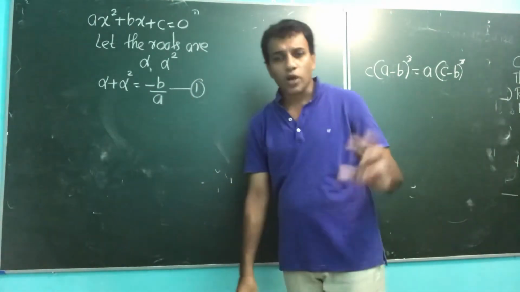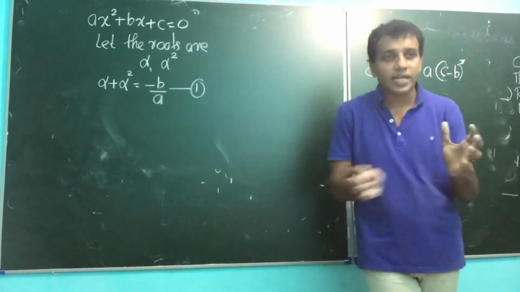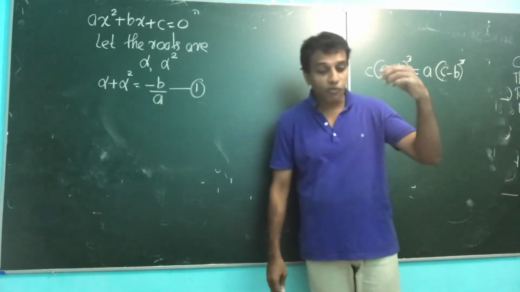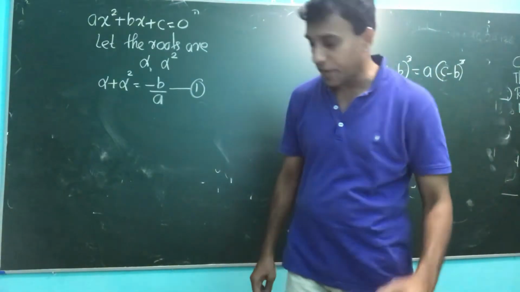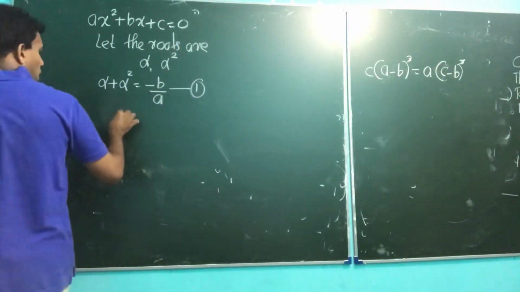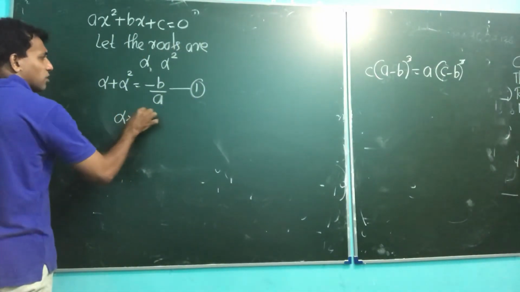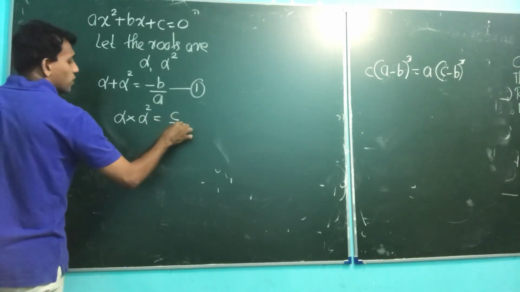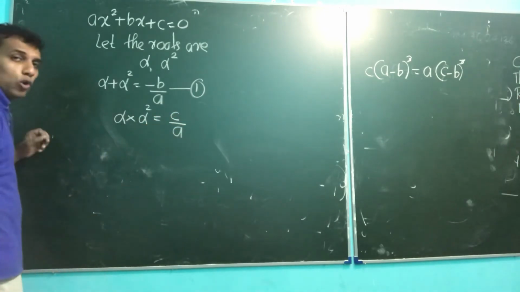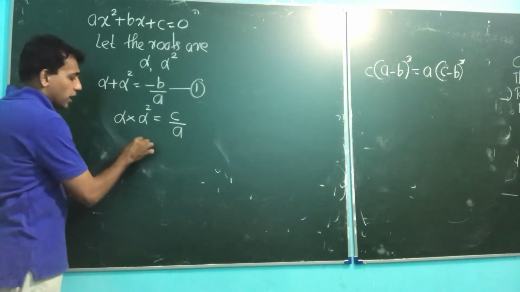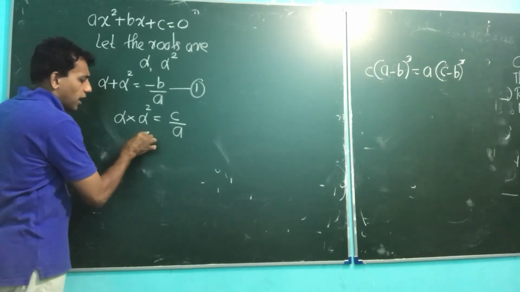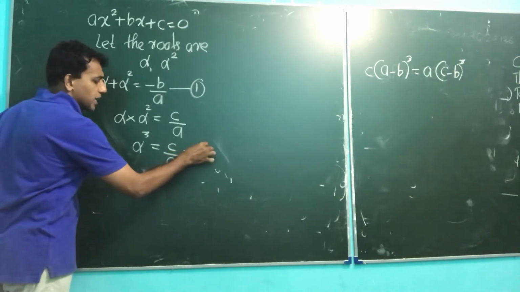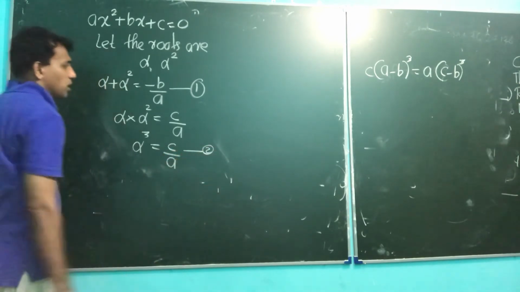Next write alpha into beta, that means alpha into alpha square equals c over a. So alpha cube is c over a. I say that is my second equation.